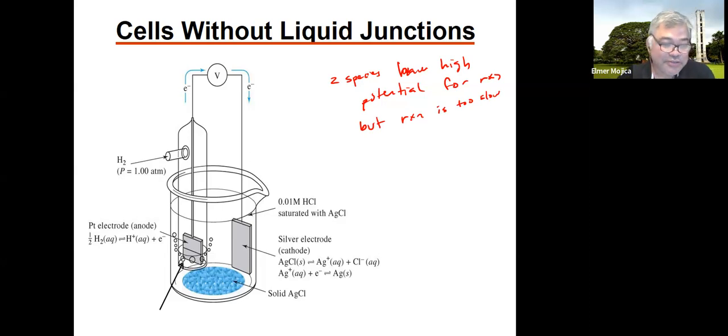So we could say an example of a galvanic cell without liquid junction is the one that we have here. So what cell is this? What are the components that you have in this cell?